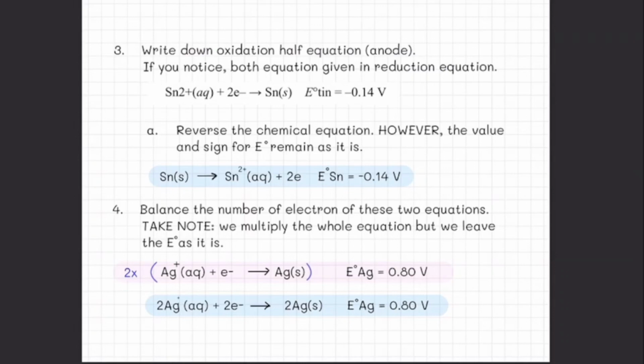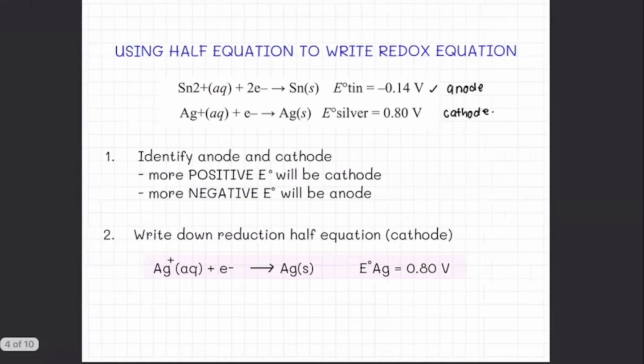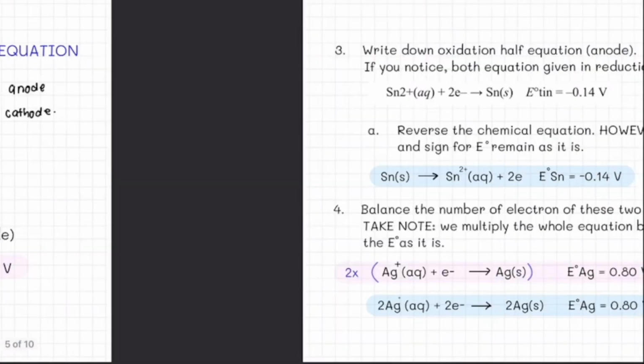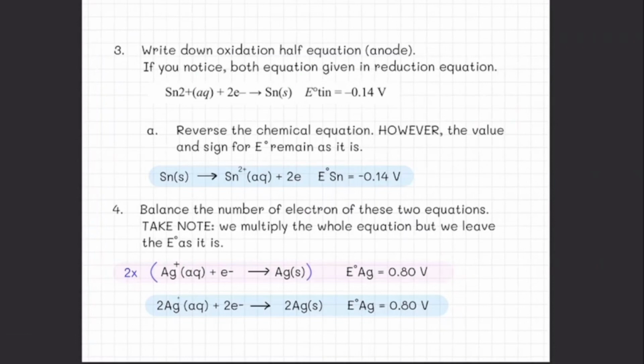In order to balance the electrons, because tin here has 2 electrons, for the silver we need to multiply by 2 so that we have 2 electrons in both equations. So when we multiply by 2, we get 2 silver ion plus 2 electrons producing 2 silver solid.